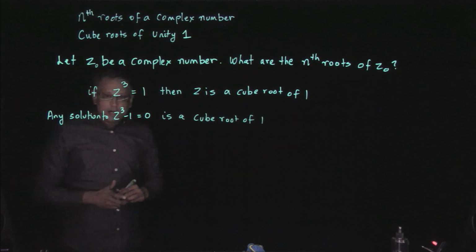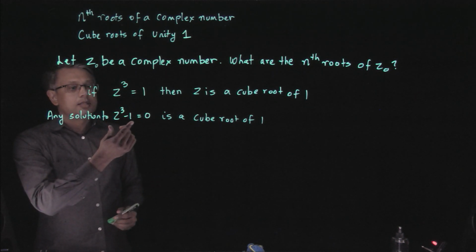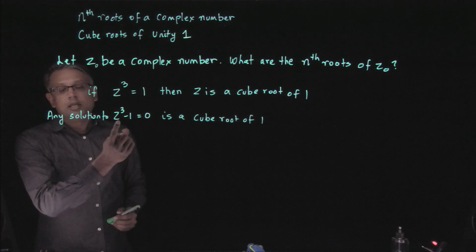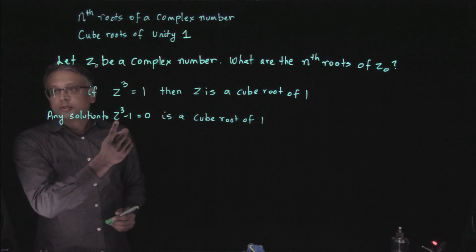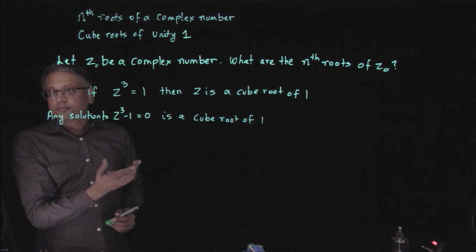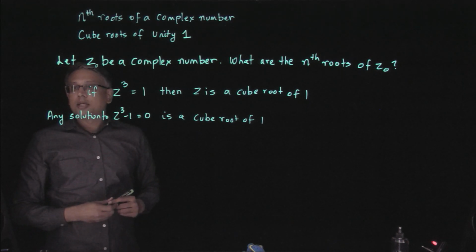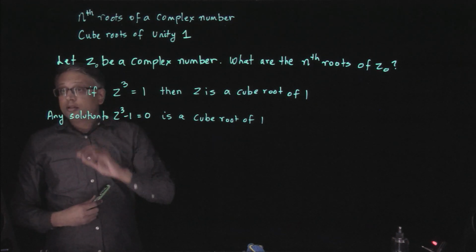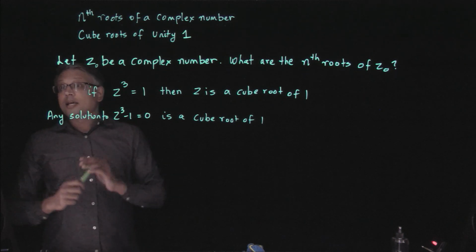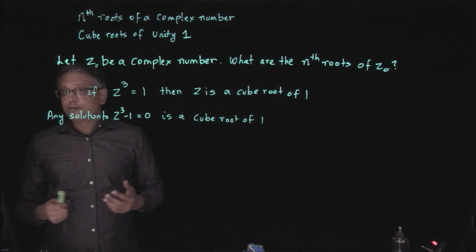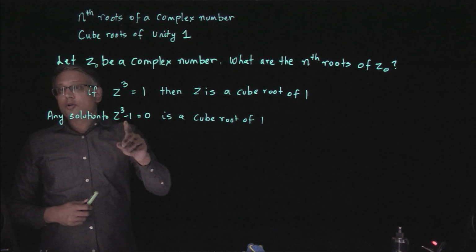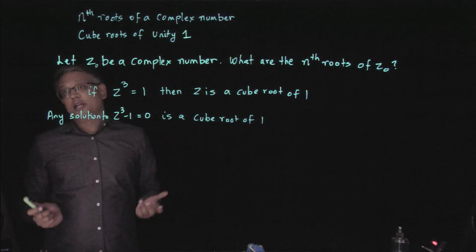Right? And if you think of this as an equation with z being the variable, then this is a third degree equation. And the fundamental theorem of algebra tells us that every nth degree equation has exactly n roots, if you allow for complex roots, and that means it should have 3 roots, and we're going to see how to find these 3 roots now.